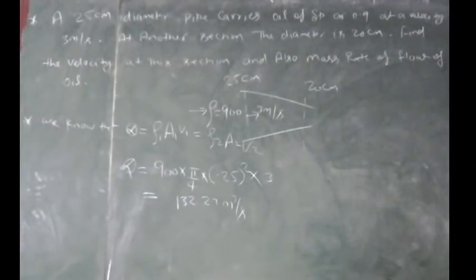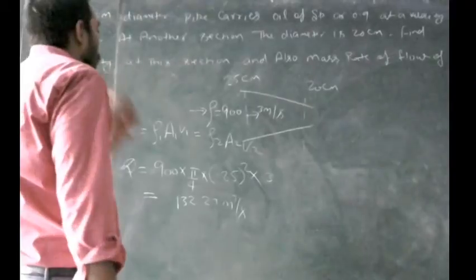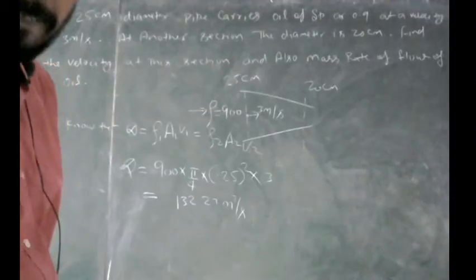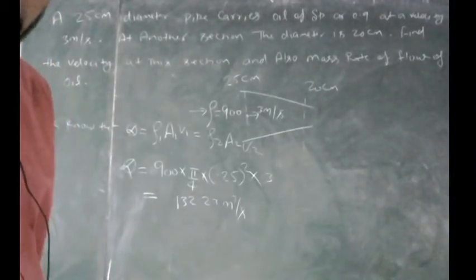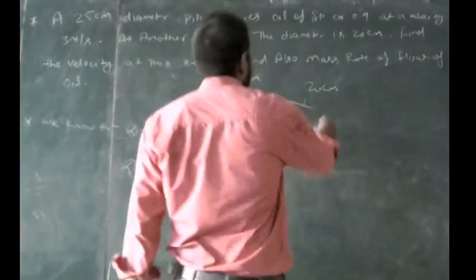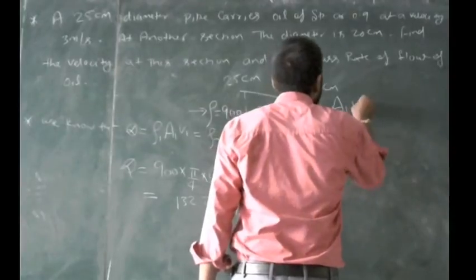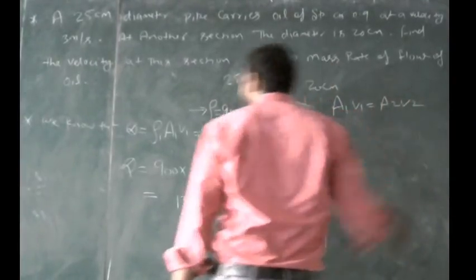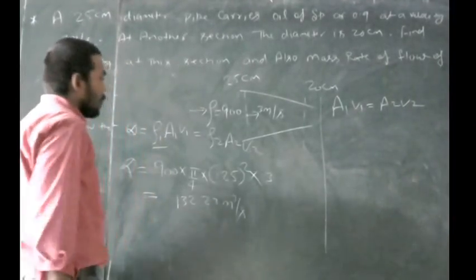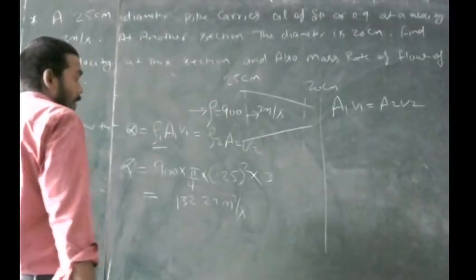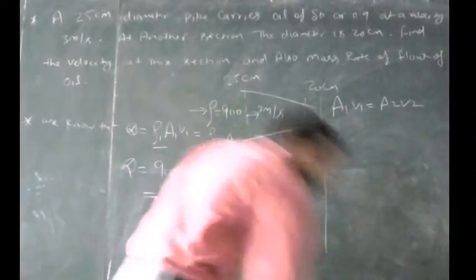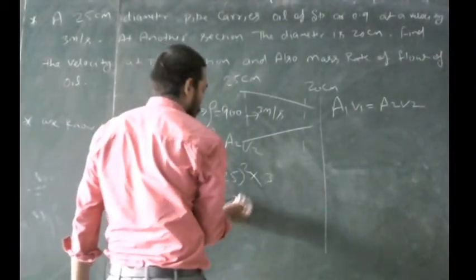Okay, and next is the continuity equation A1 V1 equal to A2 V2. Actually, in this question we should take density because he has given density of oil. So this is the mass per second, kg per second.